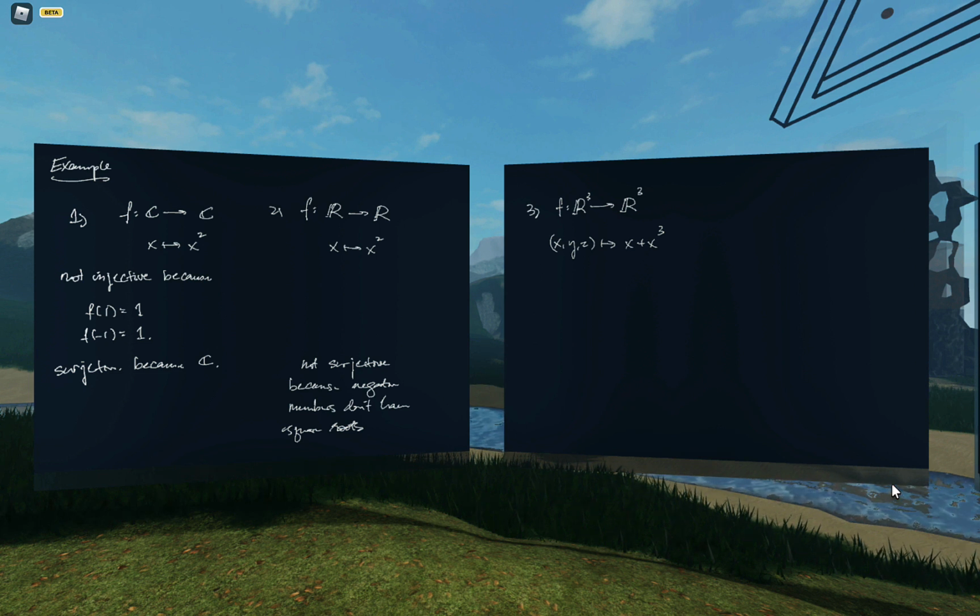Have a think about it and see what you reckon. If it helps, you can just look at the variable x. y and z don't really do anything, right? It's mapping to R3.